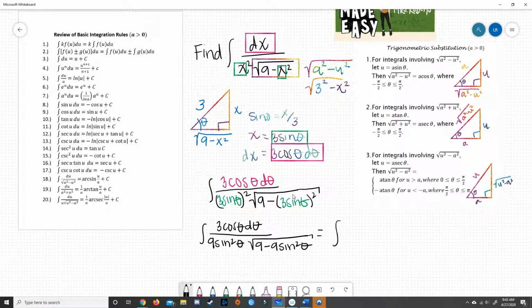The top's going to stay the same. This is going to stay the same. Now here, I'm going to factor out a 9, so I'm going to have 9 here. That's going to leave me with 1 minus sine squared of theta.